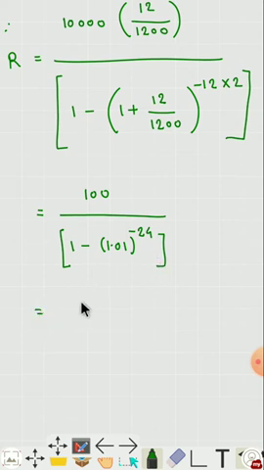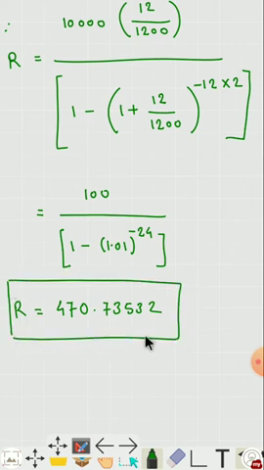If we simplify this term we get 470.7353. Okay, so this is R. So this gives the EMI, monthly equated monthly installment.